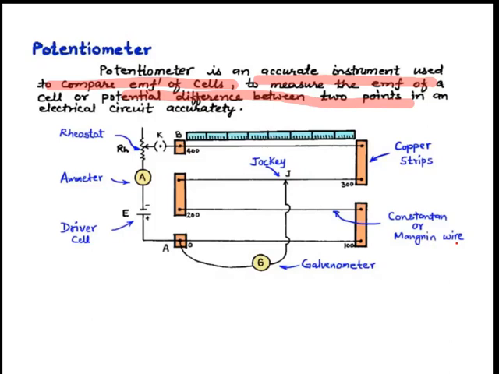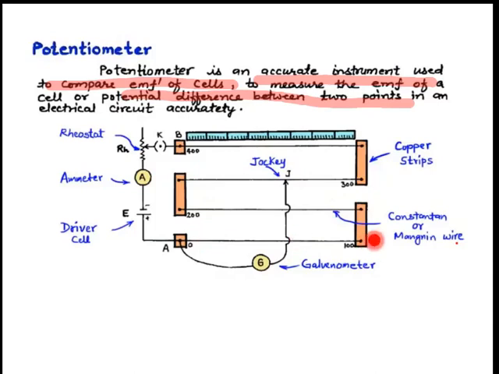A potentiometer consists of a long wire of uniform cross-sectional area. Here, children, we can see the wire, that is this, AB, which is entirely the wire.